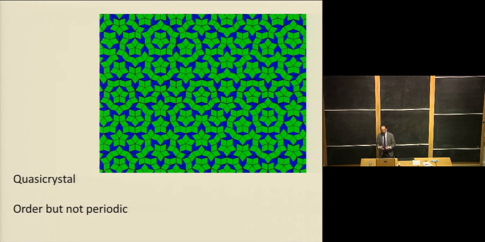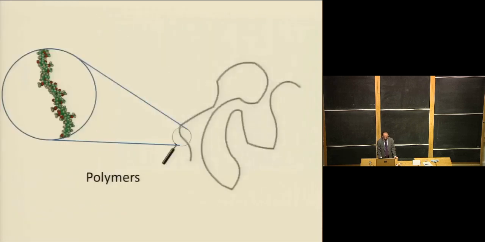It's an ordered but non-repeating pattern, and there are materials that have this property that are known as quasicrystals. It was very controversial for quite some time whether they existed. It has actually been determined that, yes, indeed, they do exist, and the Nobel Prize was awarded for it just a couple of years ago.